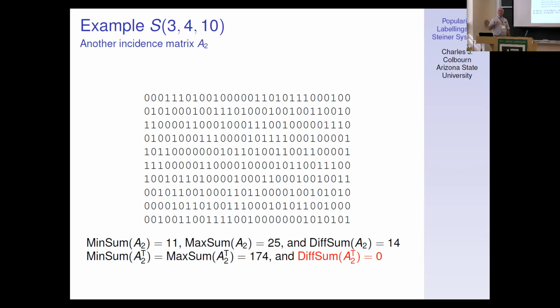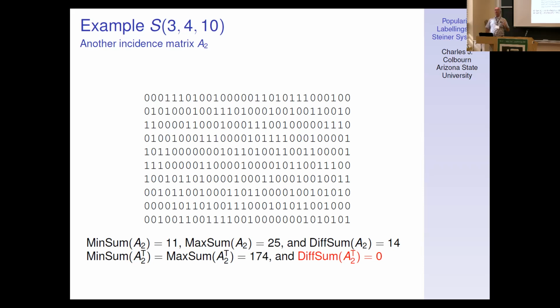But what's really striking here is look at what happened in the dual. Look at what happened with the row sums instead. The minimum is the same as the maximum. It's 174. This is perfectly balanced. The diff sum is 0. I was shocked when I first saw this. I did not think this was going to happen.